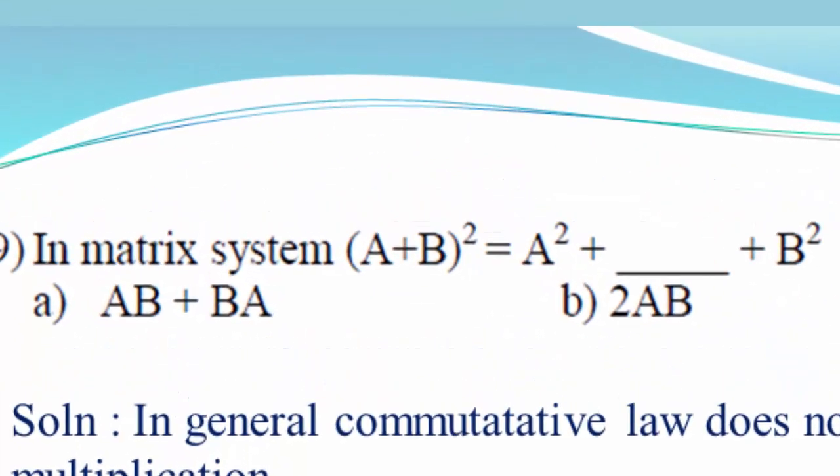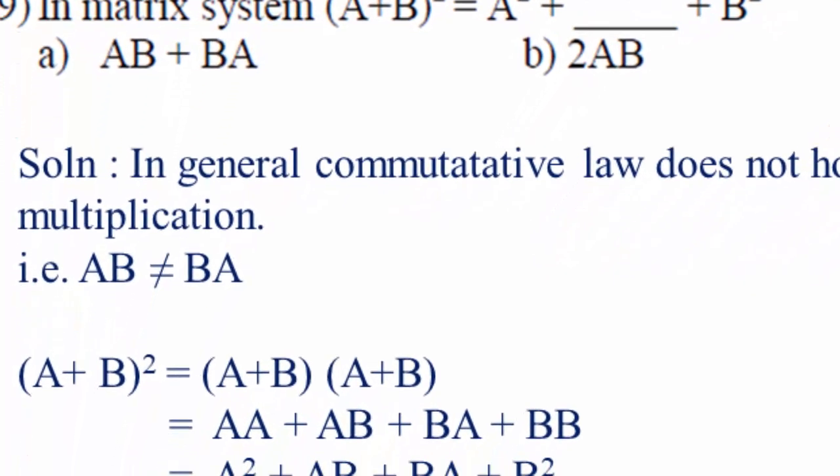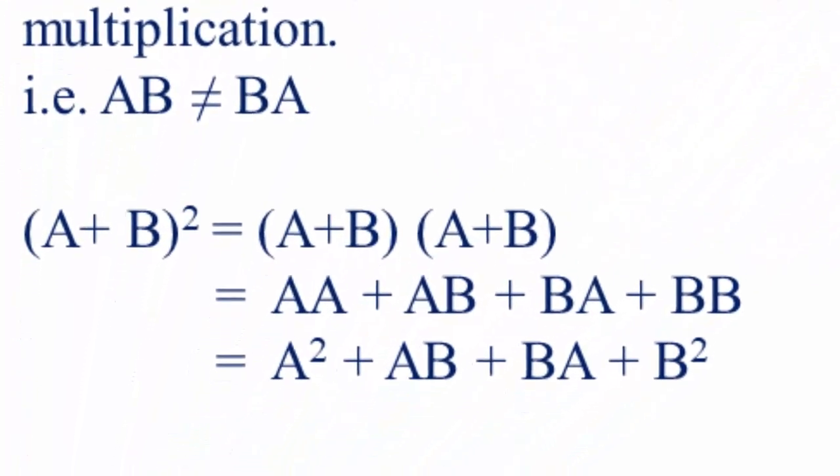Question number 19. In matrix system, (A plus B) whole square is equal to A square plus dash plus B square. Dear students, in general, the commutative law does not hold in matrix multiplication. That is, the product AB is not equal to the product BA. So, when we have (A plus B) whole square, we write it as (A plus B) into (A plus B).